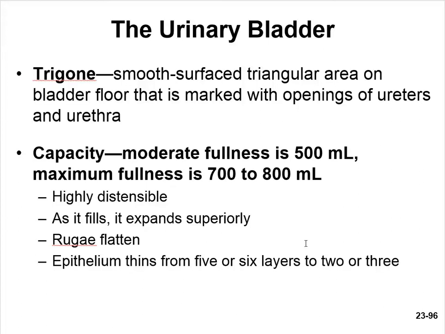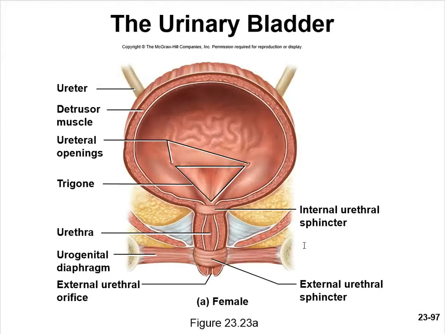A moderate fullness of a bladder is only 500 milliliters, but it could be up to 800 because of the material it's made out of. It can be highly distendable. It fills and expands superiorly. Here we can see the ureters, the detrusor muscle, the ureter openings.